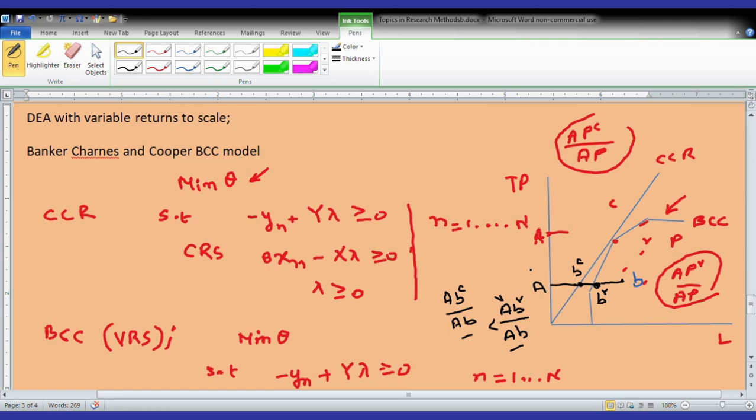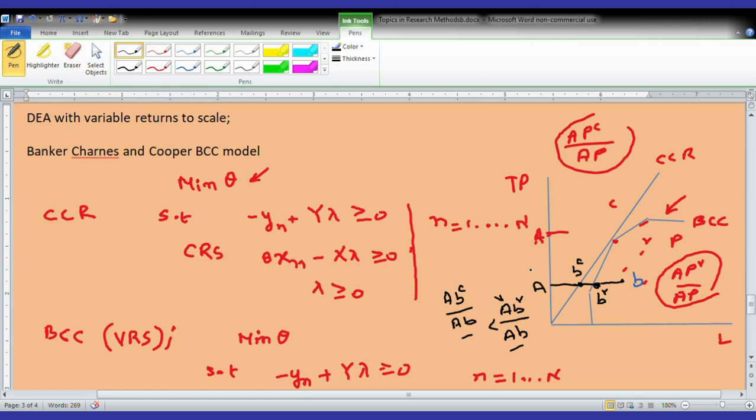So this is one thing that you need to keep in mind when we are discussing the difference between the BCC and CCR models.